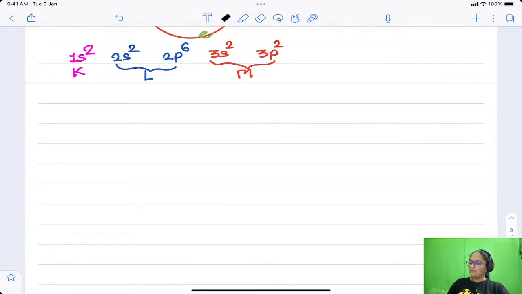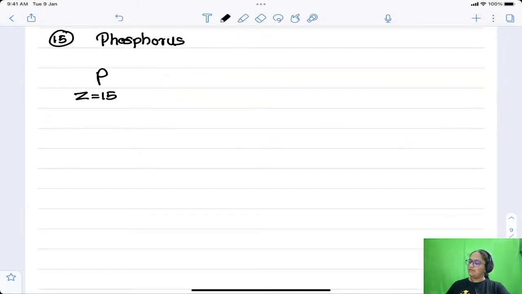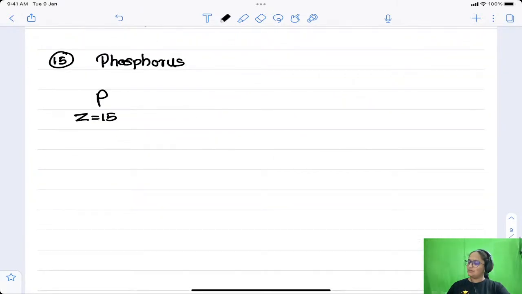Then next I'll write down the 15th atom, and that is the phosphorus atom. Phosphorus atom symbol is P. Atomic number is 15. That means there are 15 electrons there. So this is the nucleus of phosphorus atom. Okay, then first 2 electrons will enter in this K shell, 1 and 2.